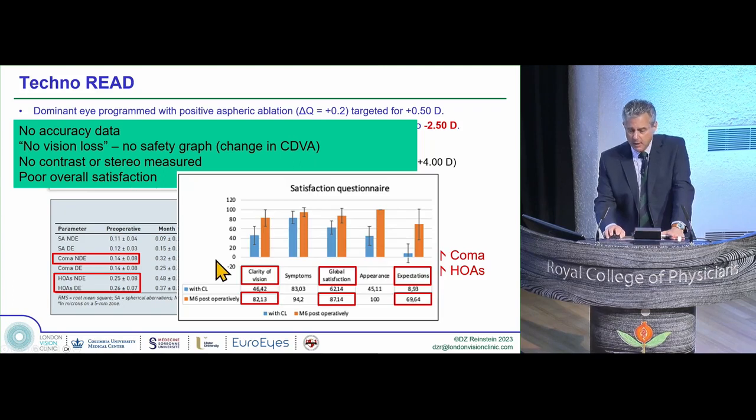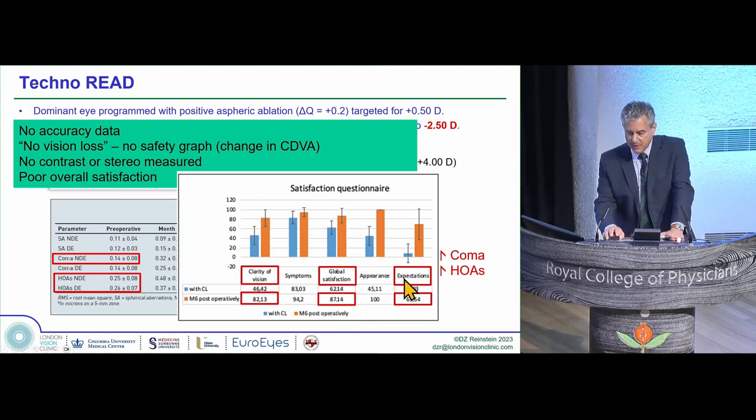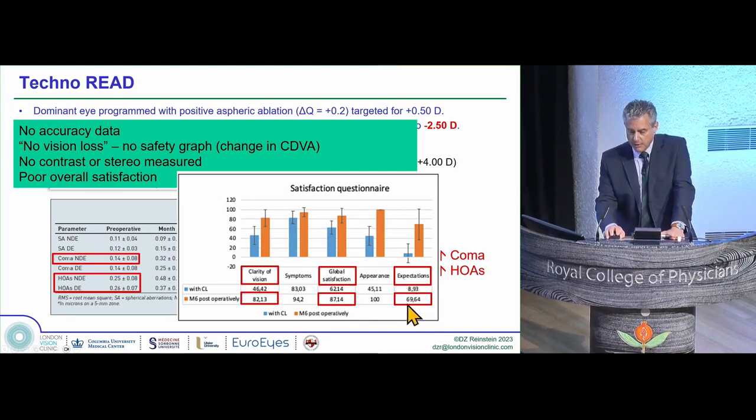And actually, when you look at the satisfaction rates, at 6 months they had 87% satisfaction, which is 23% dissatisfaction. And expectations met, 30% not met.